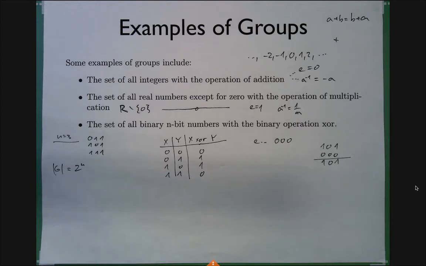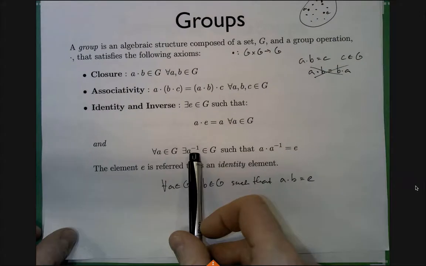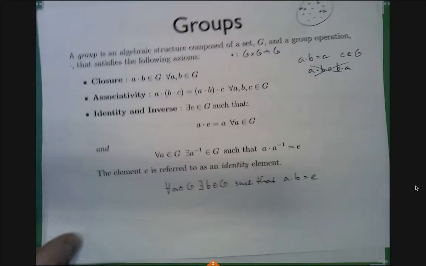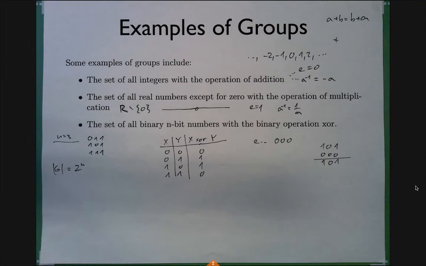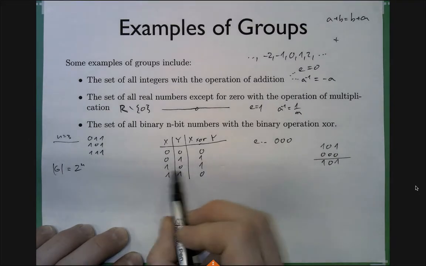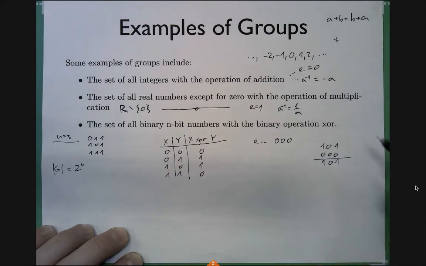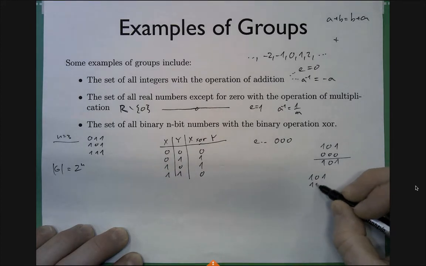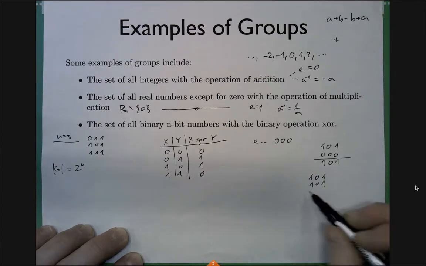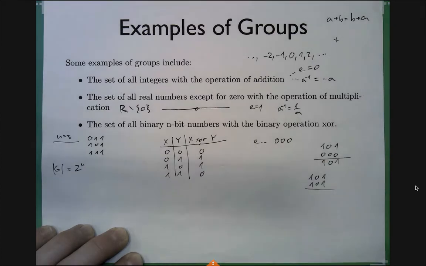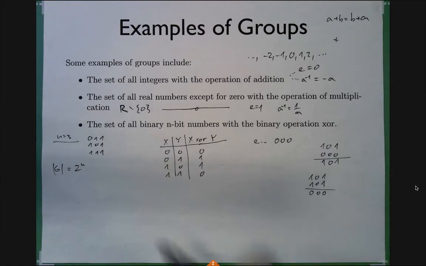That's the cool thing, right? This definition does not prohibit A inverse from being exactly A. Why not? If it works, it works. Because if I XOR a number with itself, 1 XORed with 1 gives me 0, and 0 XORed with 0 also gives me 0. So this will always give me all zeros, which is my identity element. So this is my inverse. So indeed, this is a group.